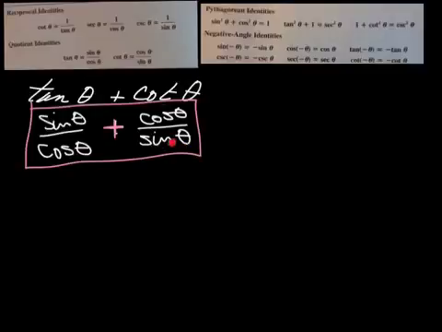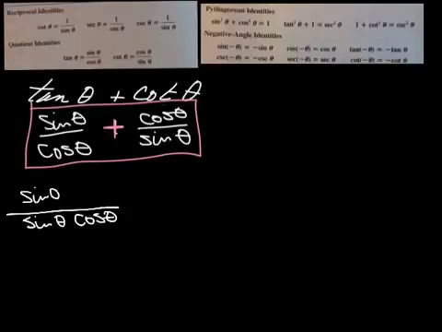Well, this has a sine of theta, so I need one over here. So I'm going to put a sine of theta here, and I multiply the top and bottom both by the sine of theta.